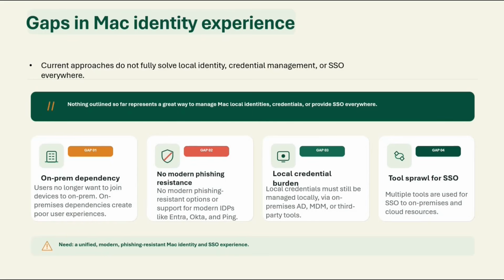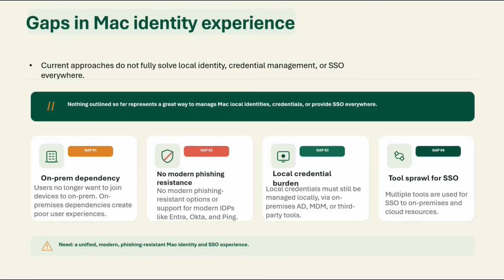Because these modern IDPs don't work on Kerberos tickets. They work on something called OAuth and tokens and claims and browser-based authentications. And macOS natively cannot speak these protocols or speak these languages. So again, let me just explain this in an easier way.